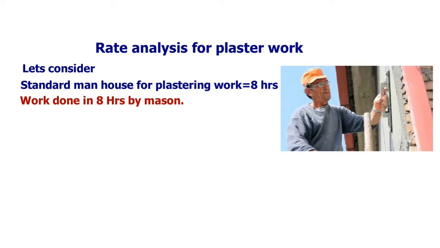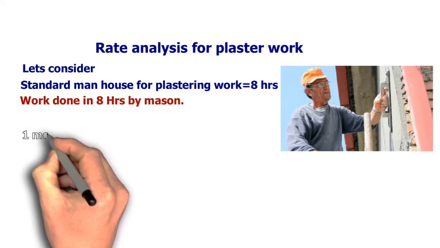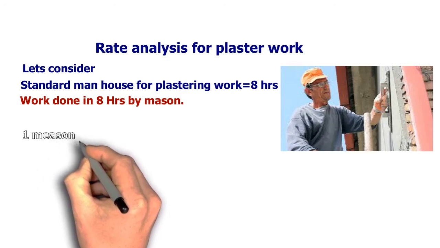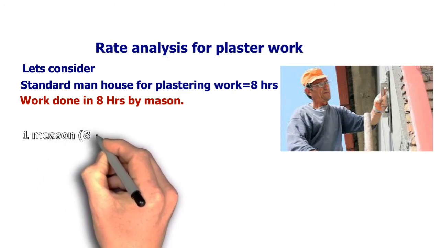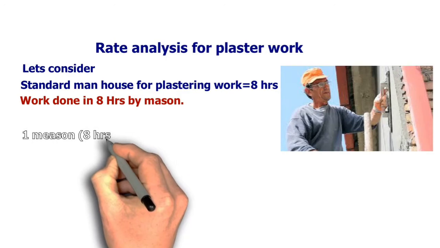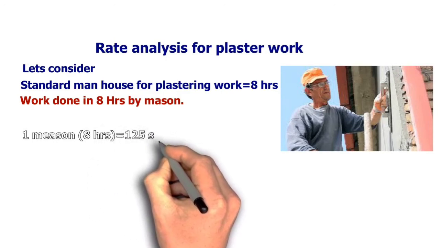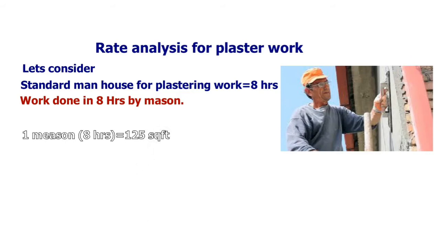So for a mason or any team in 8 hours, let's consider one mason must do 125 square feet of plaster in 8 hours.